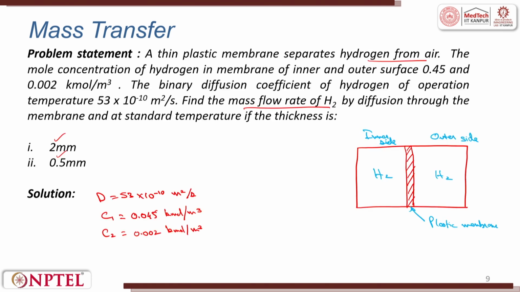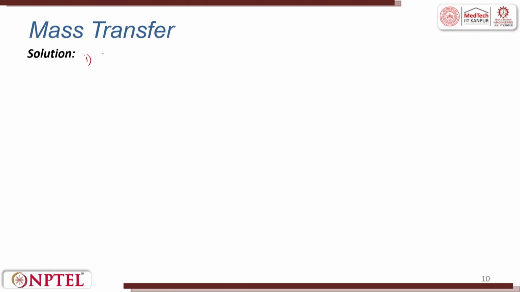First it says for 2 mm thickness, which means I will put the first case where L is equal to 2 mm. So, we know molar flux, that is N_A by A is equal to D times C1 minus C2 by the length.